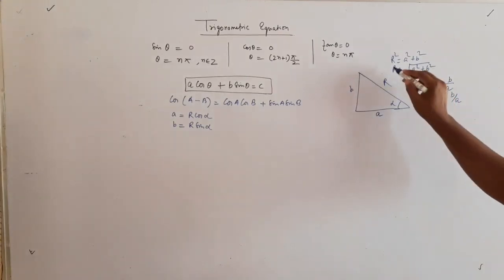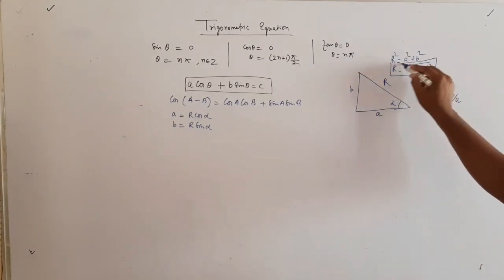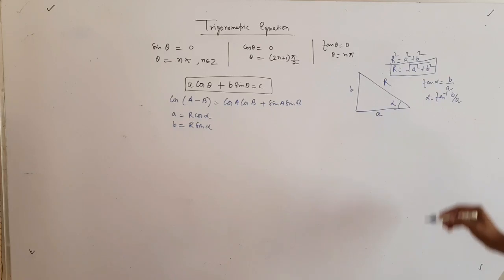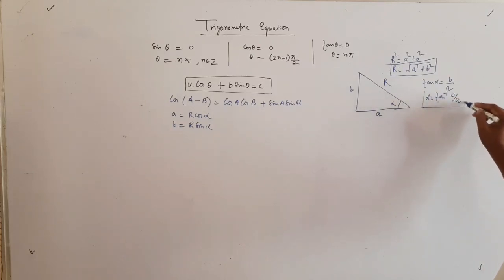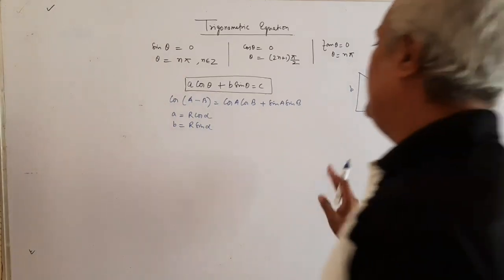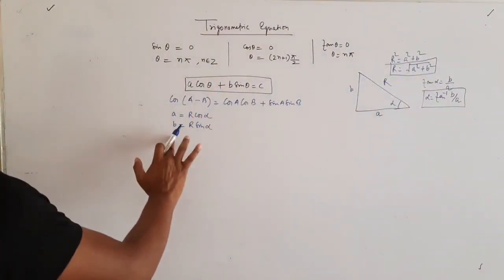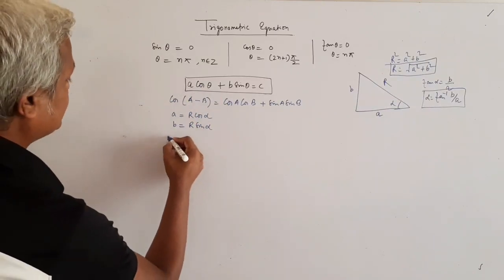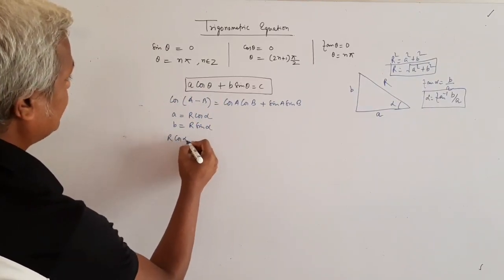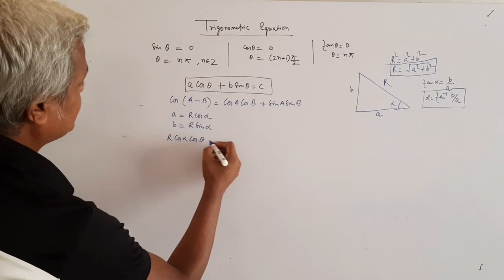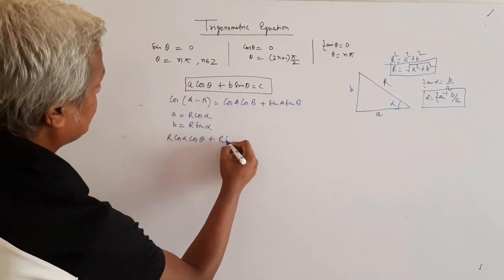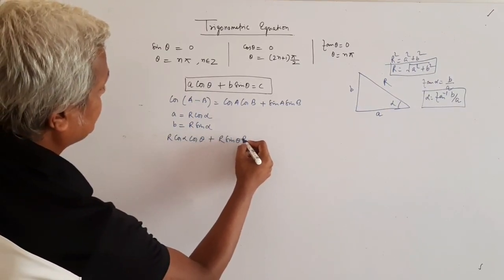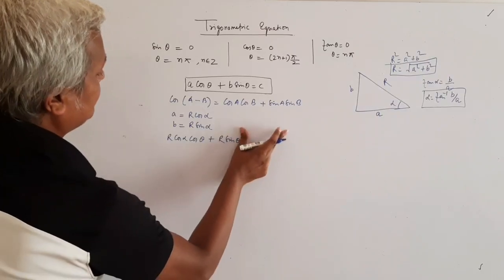So we got R is square root of a square plus b square and alpha is tan inverse b over a. Now if you put these values into this equation, it becomes R cos alpha cos theta plus R sin theta sin alpha.